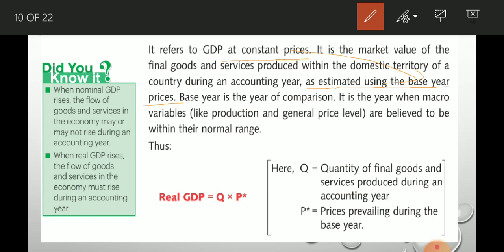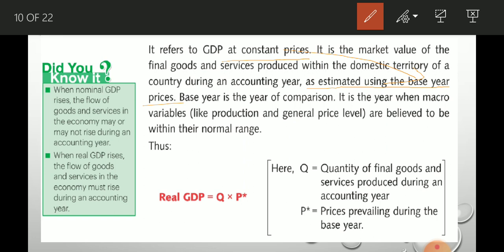In 11th class, in the last chapter of statistics, we had learned about the index number. We had learned about base year and base price. Which year is taken as a base year? A year in which there is less fluctuation, a normal year, we consider as the base year, and the price of that year is considered the base year price.